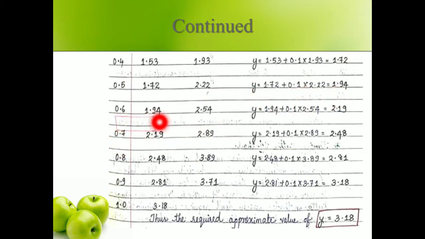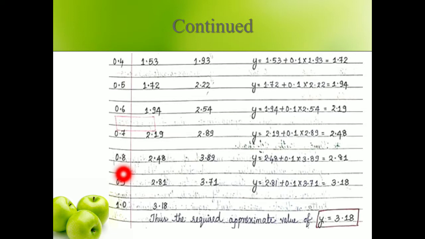For 0.6, 1.94, y dash will be x plus y, when you add both you get 2.54, new y value will be equal to 2.19. Similarly 0.7, 2.19, adding both, y dash will be 2.89, y value is 2.48.